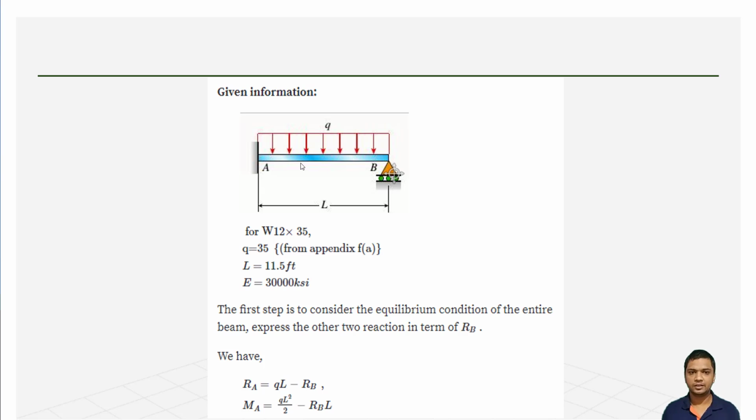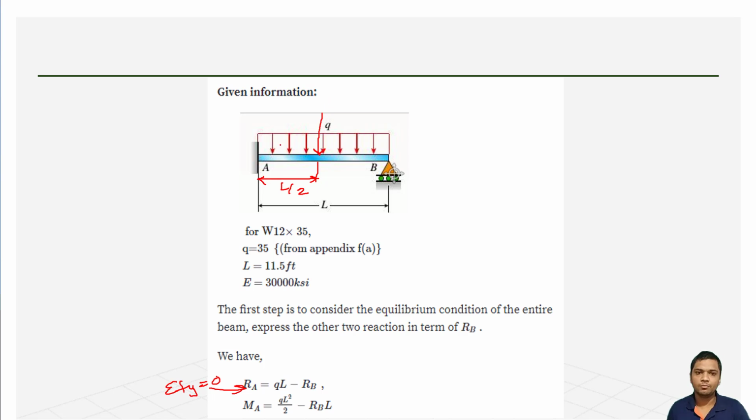So if we balance the forces in y, we are doing summation of Fy equals to 0. So Ra on one side and on the other side Q into L, right? Let's consider this to act as a point load at L by 2.